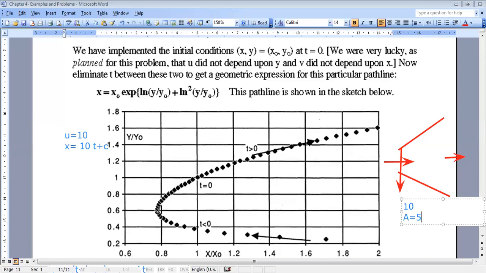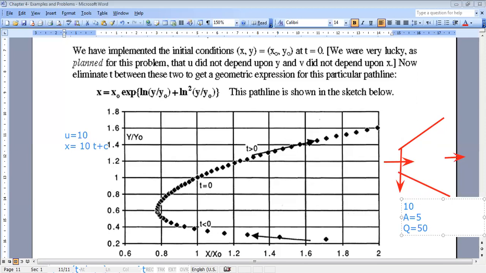What is my volumetric flow rate? Q equals 50, because I have incompressible flow and m dot constant, so it remains the same everywhere. But because the cross-sectional area is increasing, what happens to the velocity? It decreases.